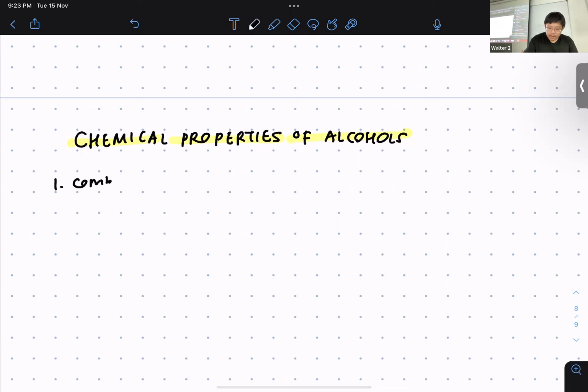Do take note that alcohols only carry out complete combustion. There is no incomplete combustion. Okay, so I put a sign over here, always complete combustion.